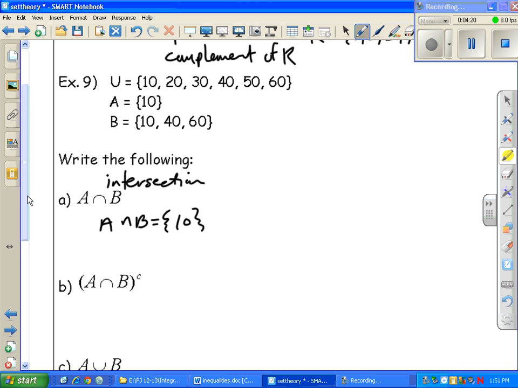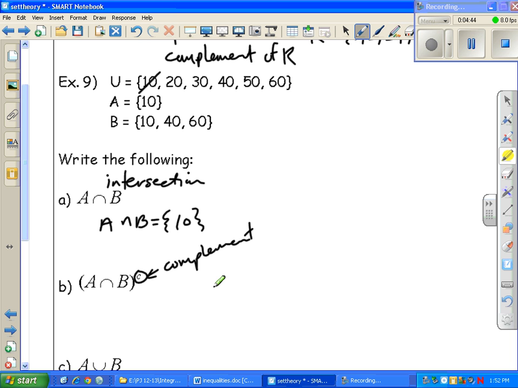Now part B, this is one of the symbols for complement. This is asking us for the complement of our answer for part A, the complement of the intersection of A and B. Well, the intersection of A and B was 10. So I'm going to take out 10 from the universe. Well, everything that's left is the complement.